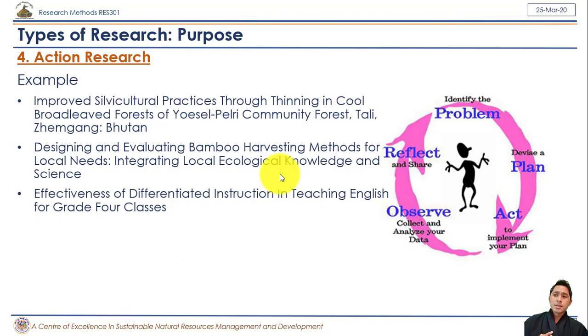And last, action research is something that I was talking to you about. You start with a problem. You try to solve that problem with one solution, and that solution you again put into that problem and try to work it out and see whether the solution that you have found is actually working or not.